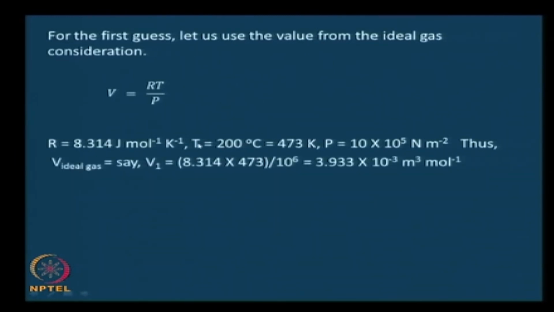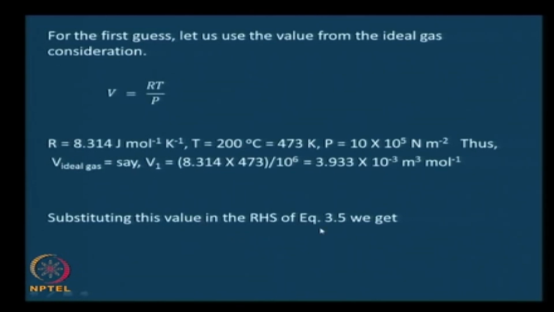If we substitute RT by P, we get the ideal gas value, let us say V1 in terms of our iterative solution, as 8.314 into 473 divided by 10 power 6. So, 3.933 into 10 power minus 3 meter cubed per mole. Hopefully, you got this if you knew where to look.